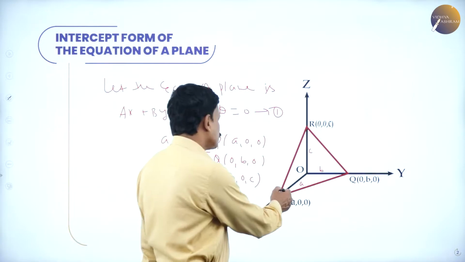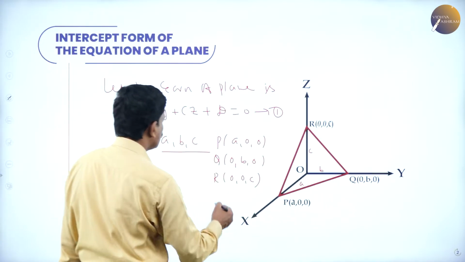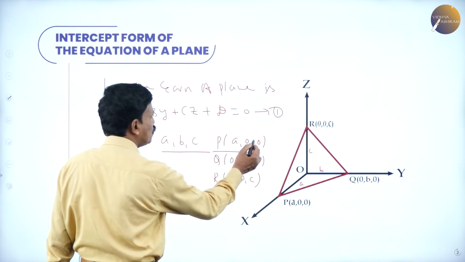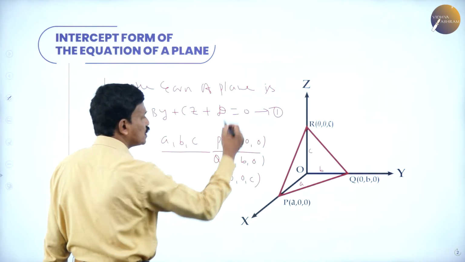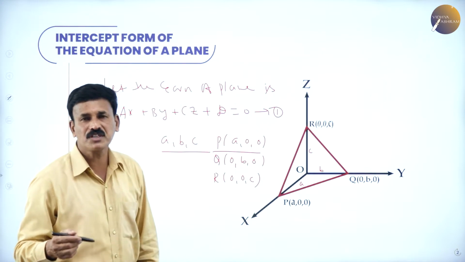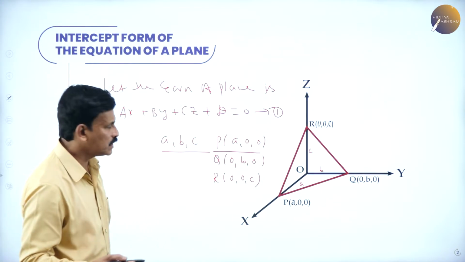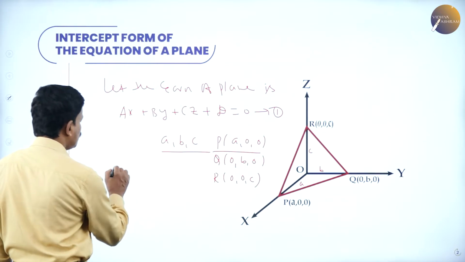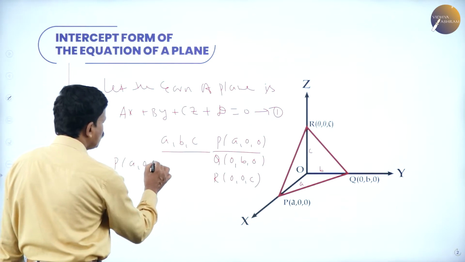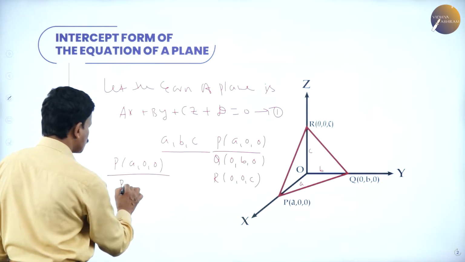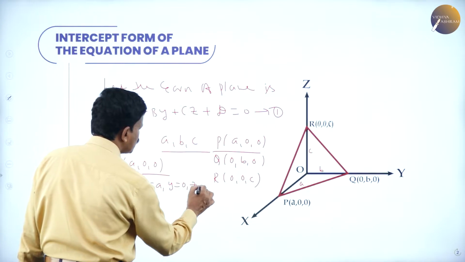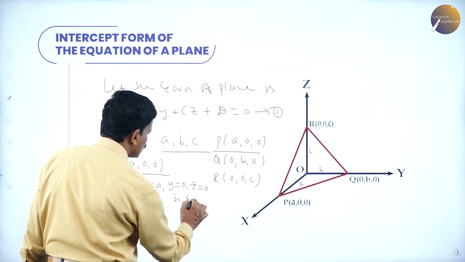Okay, since these points lie on the plane, now substitute the values. Put x is equal to a, y is equal to 0 and z is equal to 0 in the standard equation to get the values of capital A, capital B and capital C. Now since the point P a comma 0 comma 0 lies on the plane, put x is equal to a, y is equal to 0 and z is equal to 0 in equation number 1.